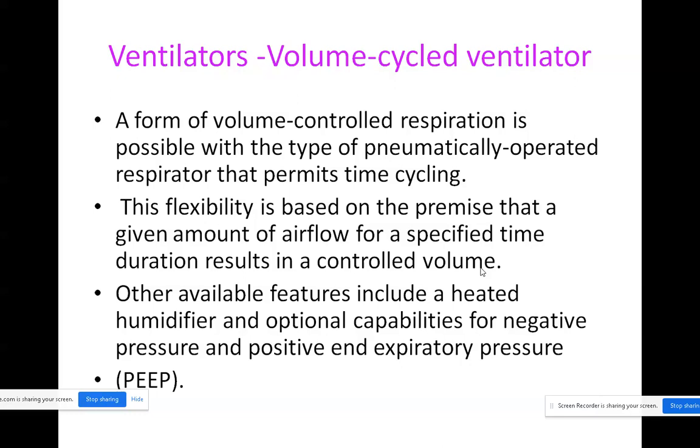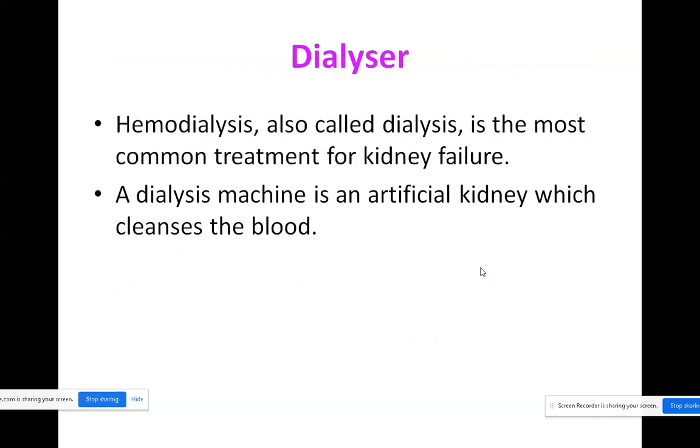Similarly, it can be used for getting the negative pressure, or measuring the negative pressure created in the lungs. And then it will be used for exhaling purposes, that is expiratory pressure, which is developed in the lungs and will be expelled out through this device. That is PEEP, positive end expiratory pressure. So these three features will be the additional features of your device.